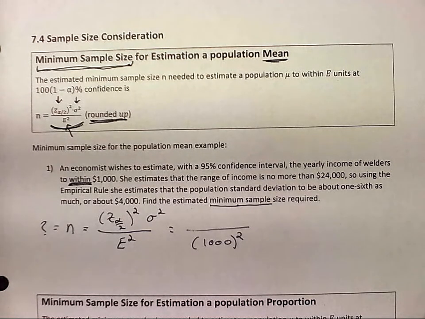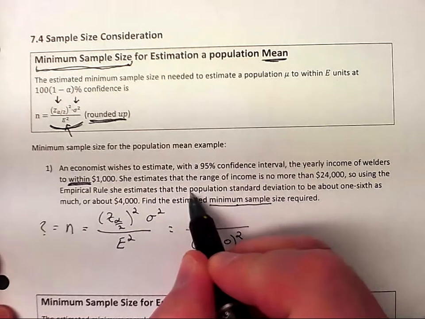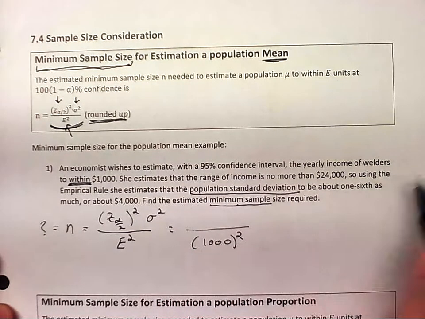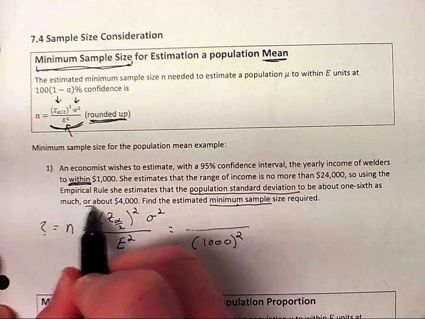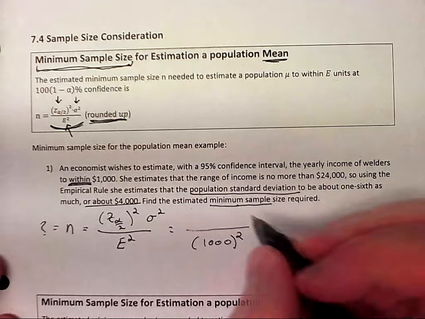And whenever you look for the word within, like I just said, usually right after the word within, you can find your margin of error. That's a general rule. Obviously, it's not hard and fast. All right. Then we're looking for sigma squared. What do we have as sigma squared? 4,000, right? Here it says that our population standard deviation is about 1/6, or about 4,000.